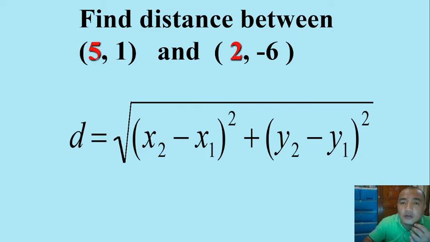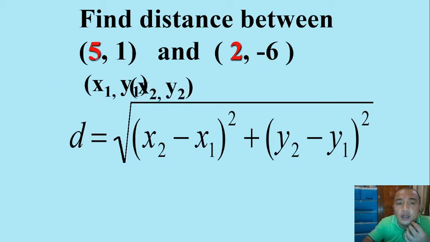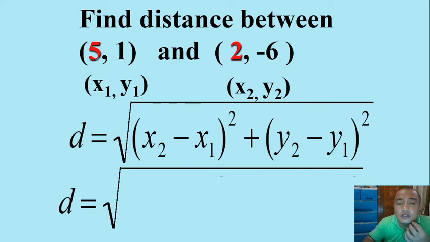Okay, we're still on the review part. Find the distance between (5, 1) and (2, negative 6). You know the distance formula. x sub 1 is 5, y sub 1 is 1. x sub 2 is 2 and y sub 2 is negative 6.